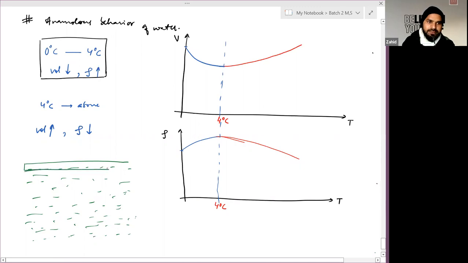This formation of ice acts as shielding to the lower portion of water. Inside it, water will remain above 0 degrees Celsius, at 1, 2 or 4 degrees Celsius.